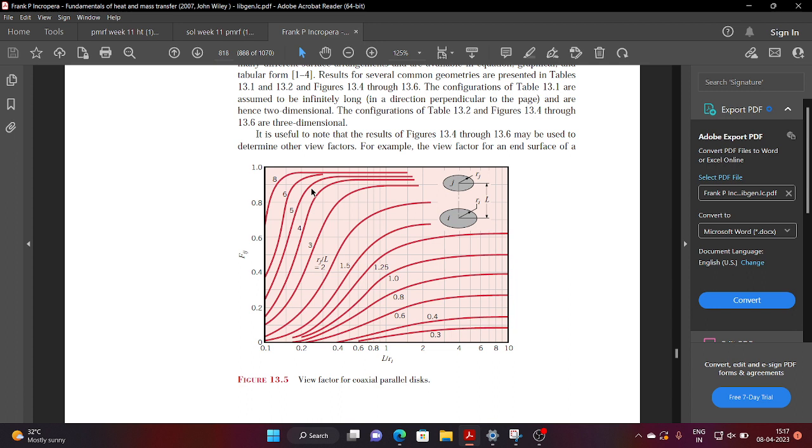In this problem, I am solving for the shape factor from the empirical correlation. In a few problems, I will be using the analytical relation, and in a few problems, I may use a graph also. So I will be using a combination of all these to solve for the shape factor.